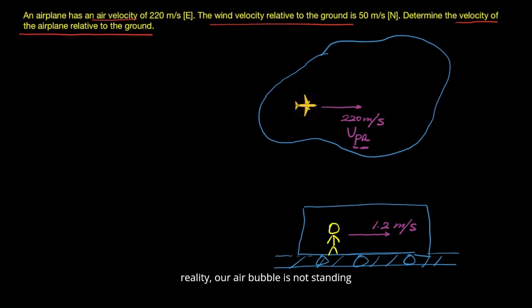Now, in reality, our air bubble is not standing still, it's also moving. And that moving air is what we call wind. So the wind's velocity is simply how fast this entire air bubble is moving relative to the earth or to the ground. And we can express this as VAG. So it's the velocity of the air relative to the ground.